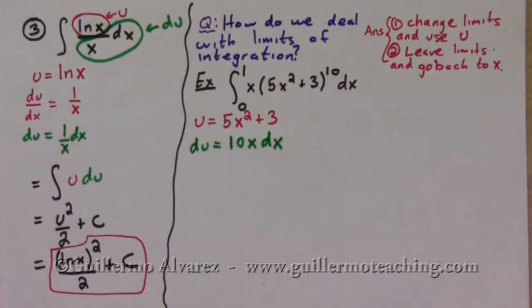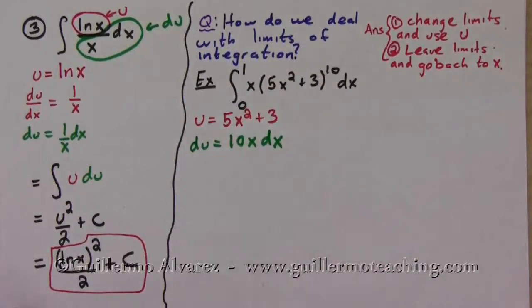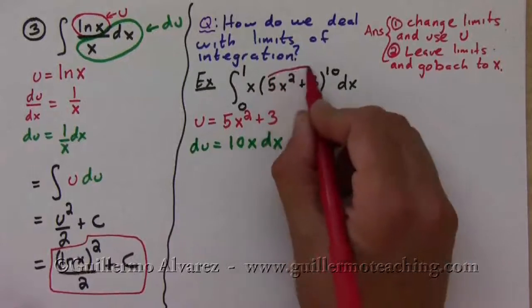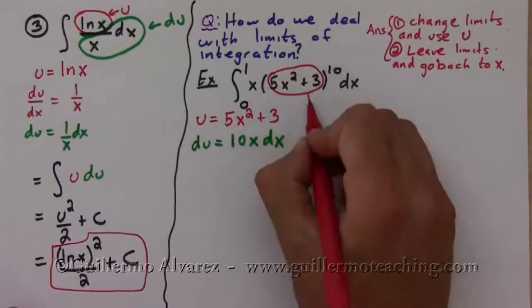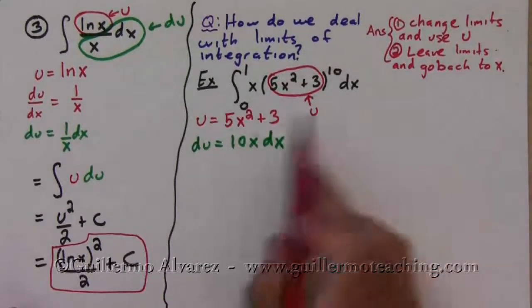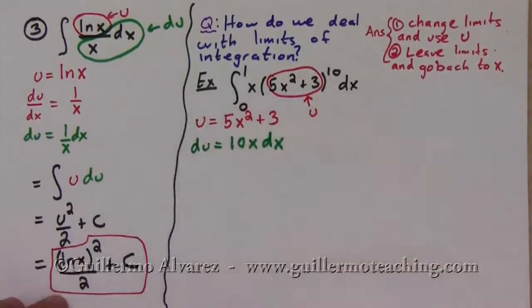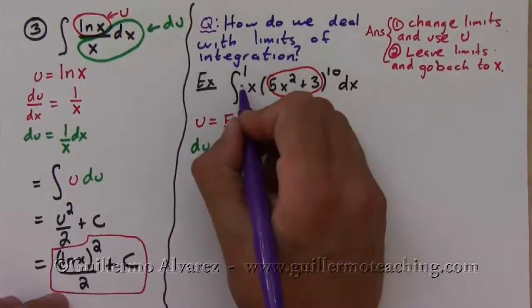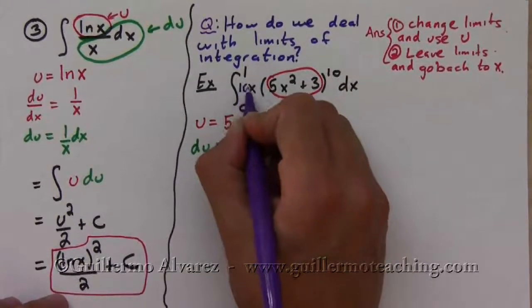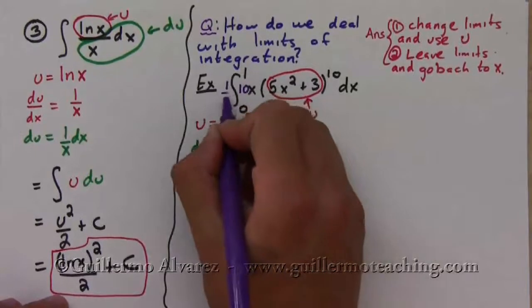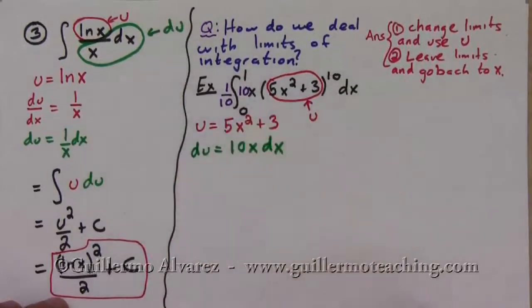Okay, so then we go, alright, so we have this guy is u right here. Now we don't quite have du, we need a 10x dx, and we have just x dx. But that's no problem. I mean, we know that constants aren't a big deal. Since I need a 10, I'm going to multiply by 10, and then on the outside I'm going to divide by 10.